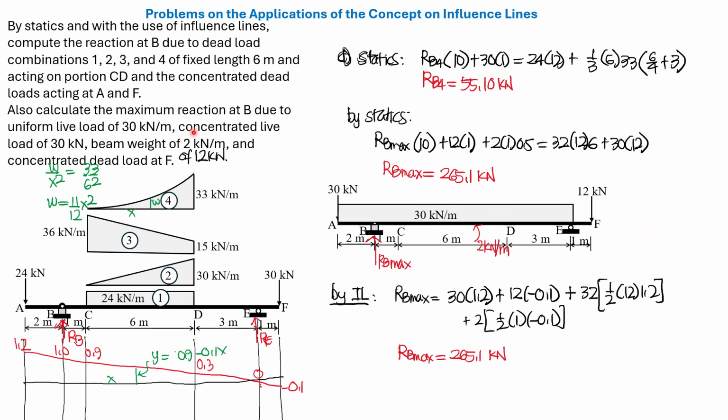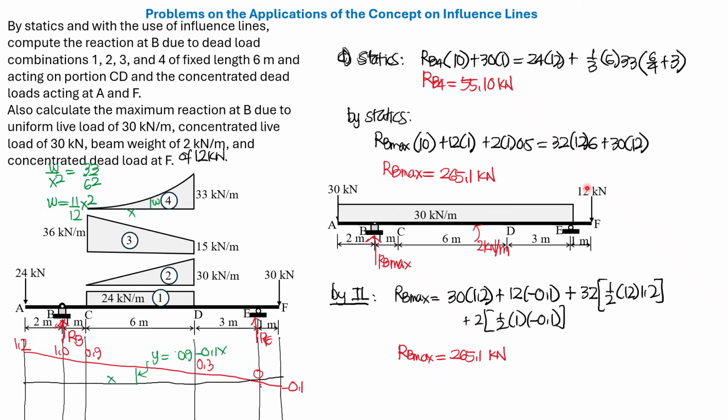Then for this question, also calculate the maximum reaction at B due to a uniform live load of 30 kilonewton per meter, a concentrated live load of 30 kilonewtons, a beam weight of 2 kilonewton per meter, and a concentrated dead load at F of 12 kilonewtons.